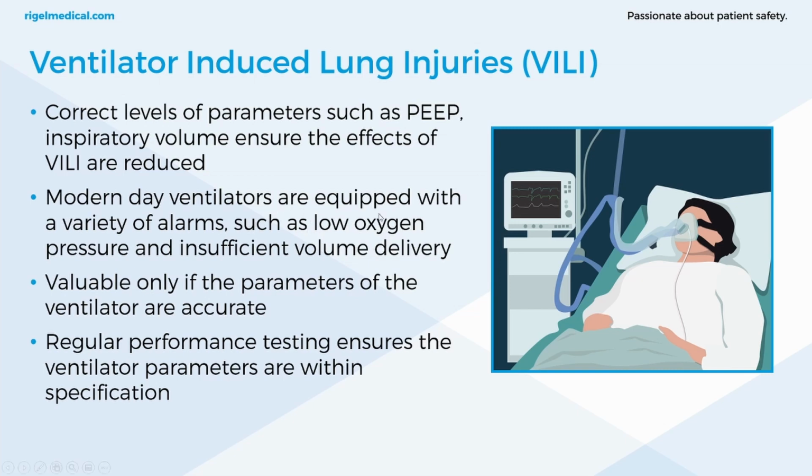Modern day ventilators are equipped with a variety of alarms such as low oxygen pressure and insufficient volume delivery. Valuable only if the parameters of the ventilator are accurate. Regular performance testing ensures the ventilator parameters are within specification.